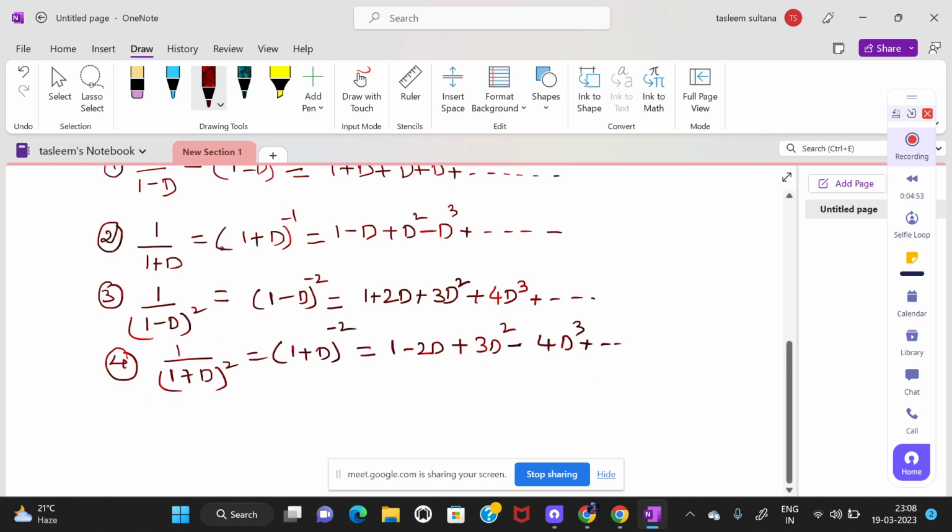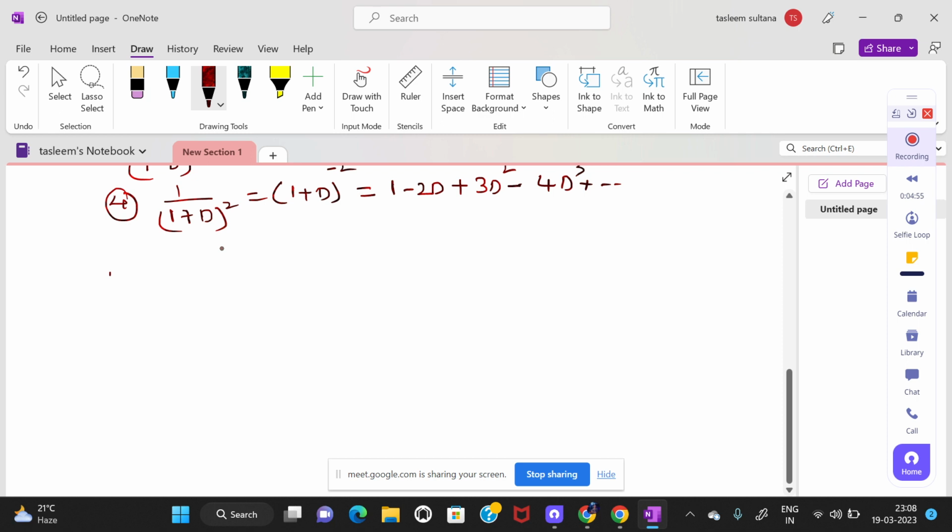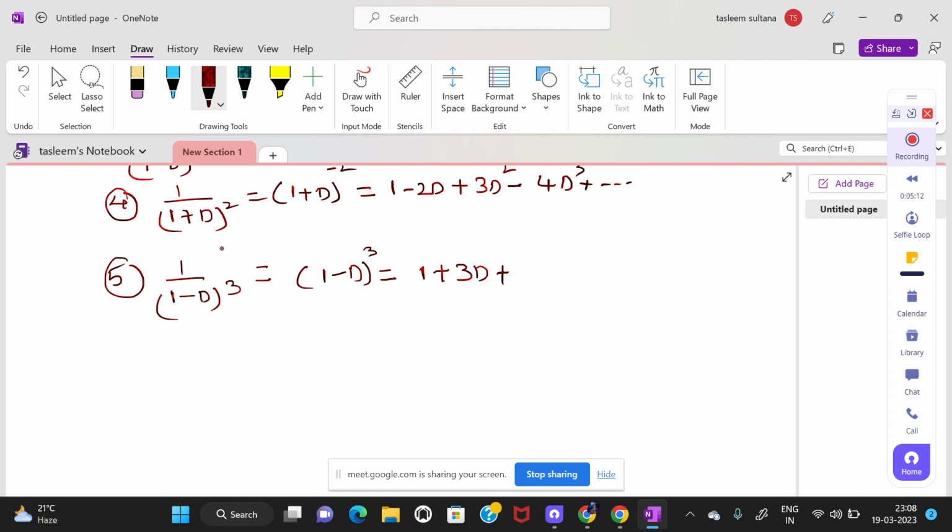Then similarly, when it is in the form of cube, fifth is 1 by 1 minus D whole cube, which is equal to 1 minus D whole to the power of minus 3, which is equal to 1 plus 3D plus 6D square plus 10D cube plus so on.